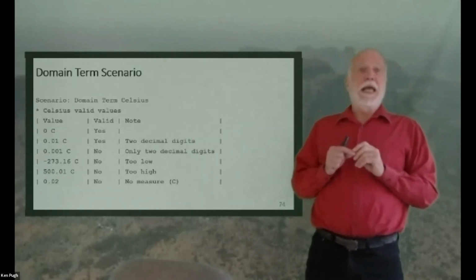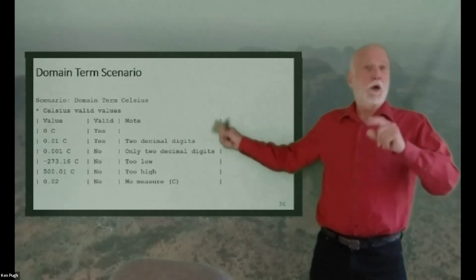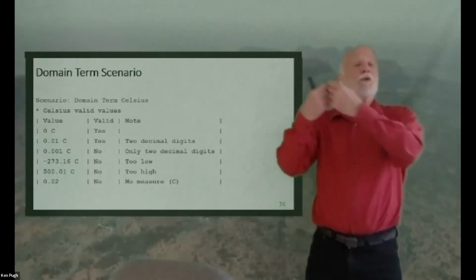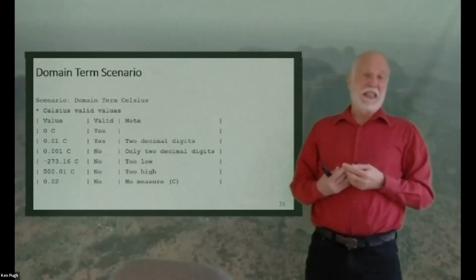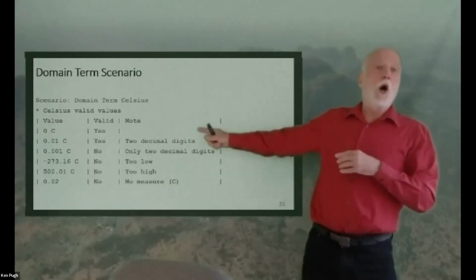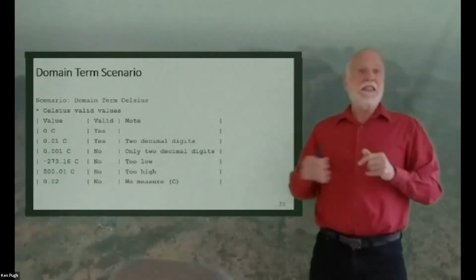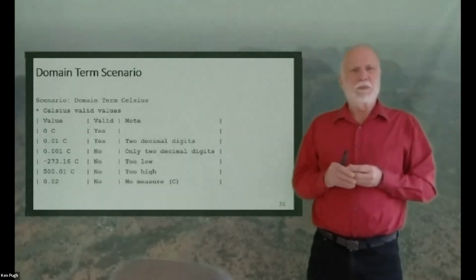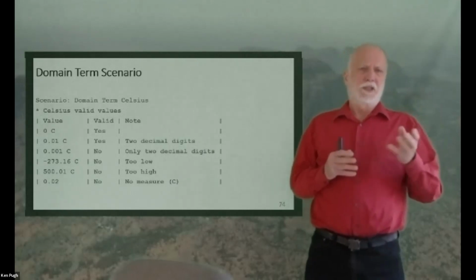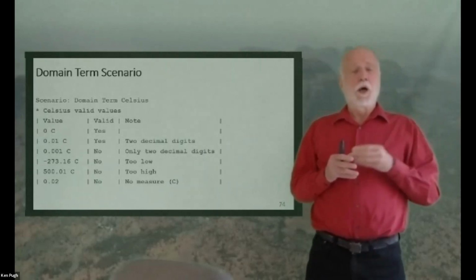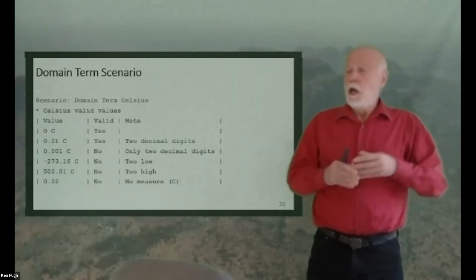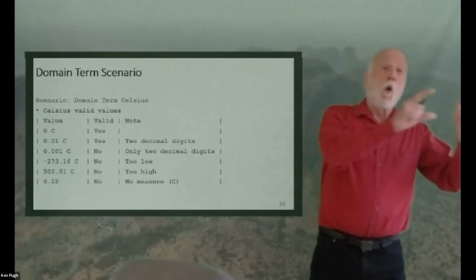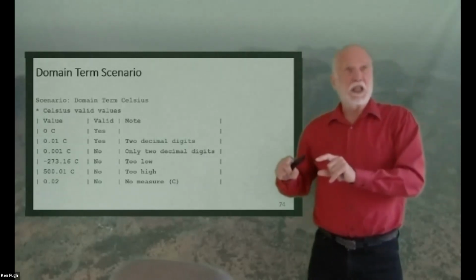And on the other hand, we could also have a domain term that says, here's the way that we will output our representations, that we will always output it with 2 decimal digits, or a 0 if there are no decimals, just simply an integer value if there are no decimals afterwards. But all of these things are visible to the user.